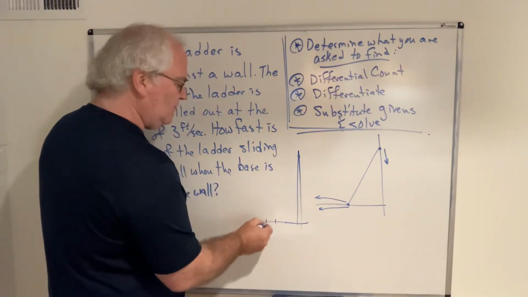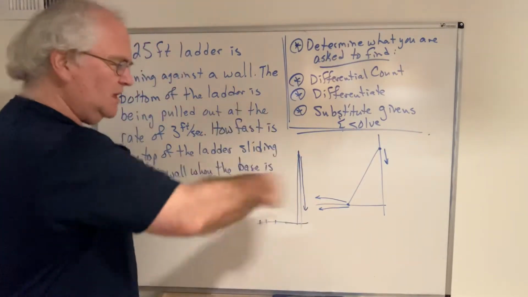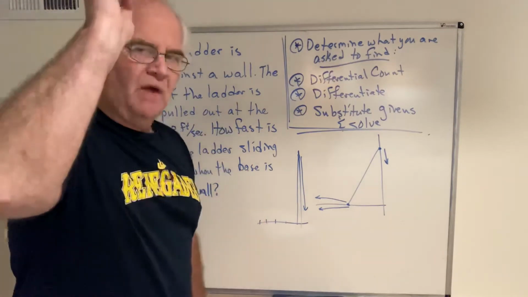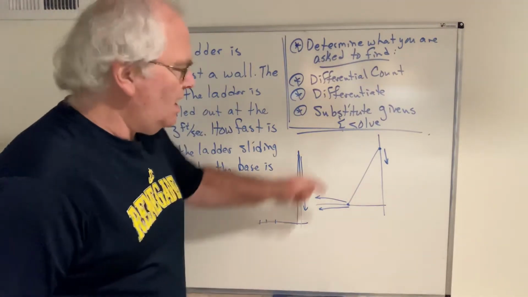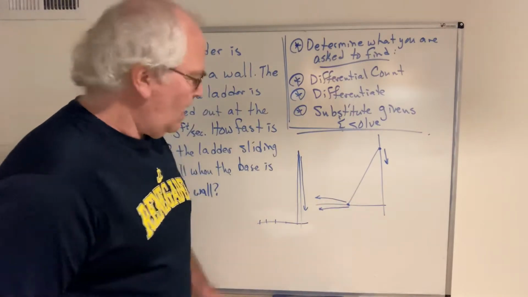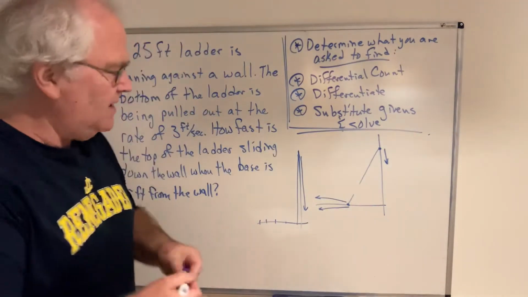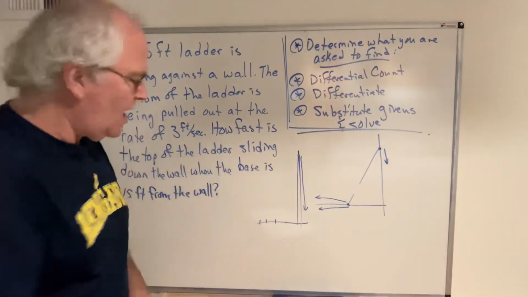But as you get further and further away, the top begins to pick up speed. That's why when this happens naturally, the ladder slams against the floor, because the top of this ladder begins to pick up speed. And so how fast the top is sliding down depends upon where you are in this process.